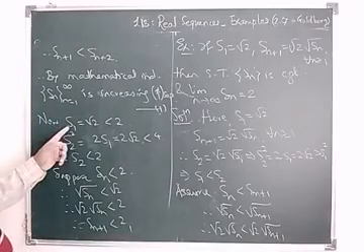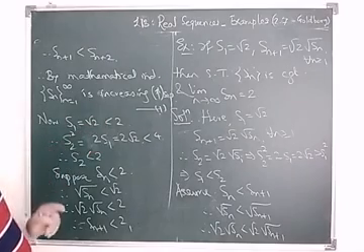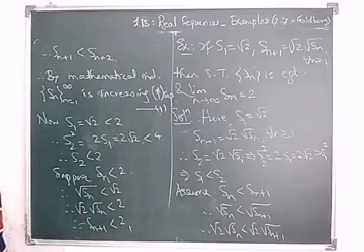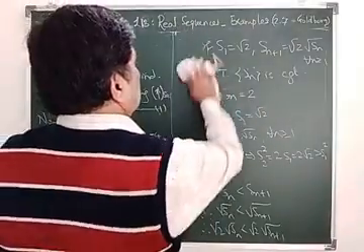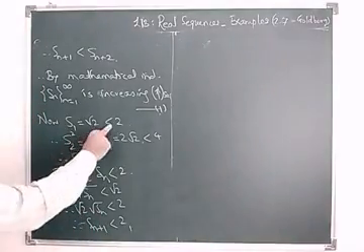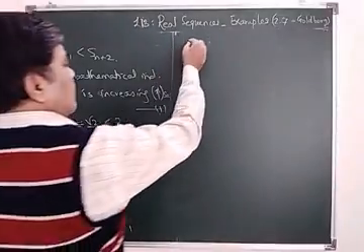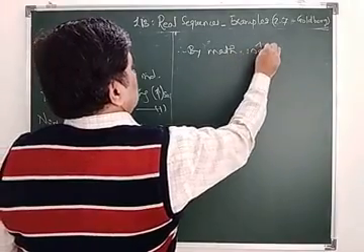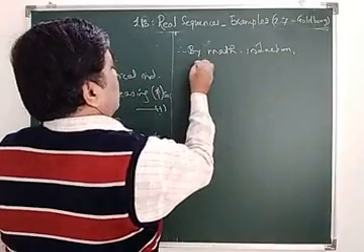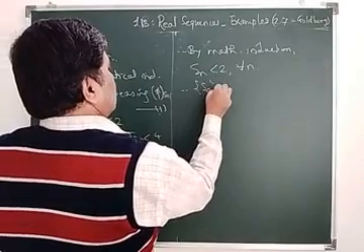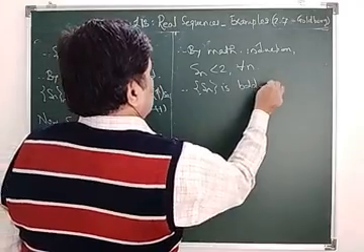Okay. So we proved S1 is less than 2. We assume Sn less than 2, and therefore Sn plus 1 is also less than 2. Therefore, by mathematical induction, Sn is less than 2 for all n, and therefore Sn is a bounded above sequence.